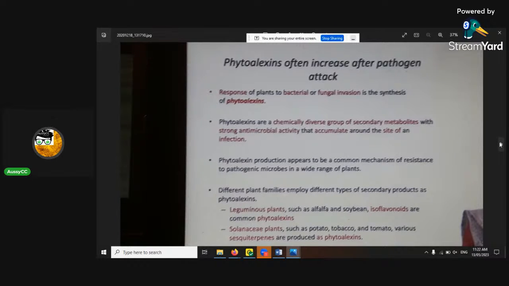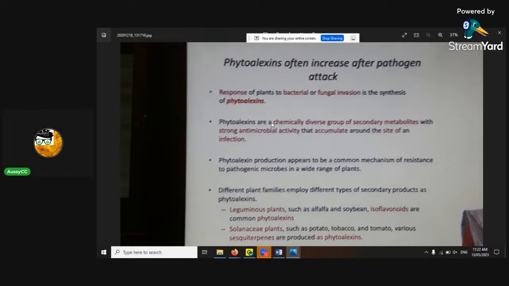Phytoalexins are a chemical group within the secondary metabolites that produce strong antimicrobial activity and accumulate around the site of the infection. They're pretty common with the hypersensitive reaction in medical cannabis. When something infects a leaf, you'll see the leaf start dying in a round circle.